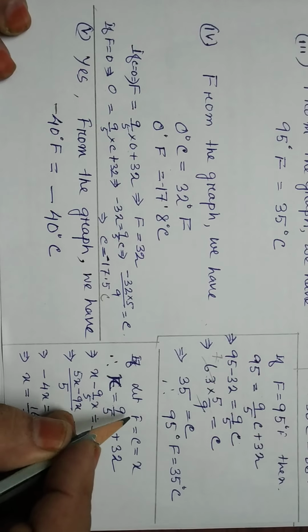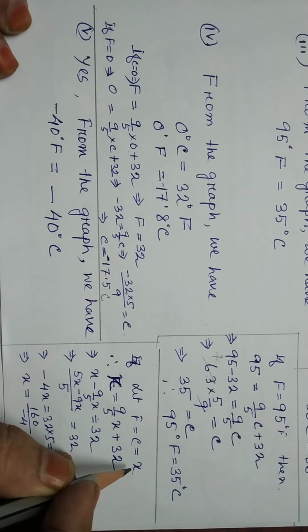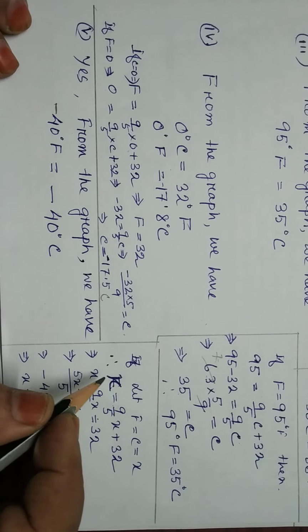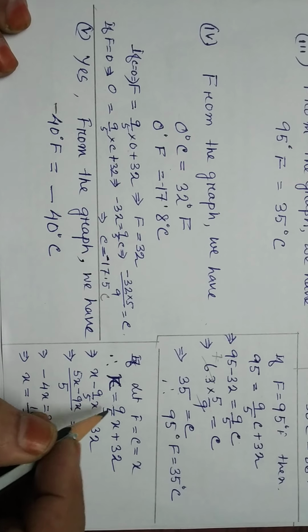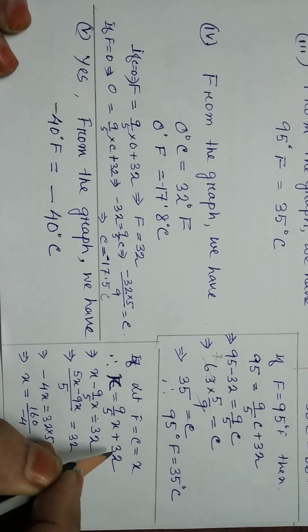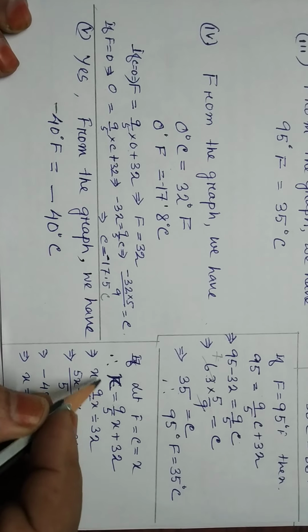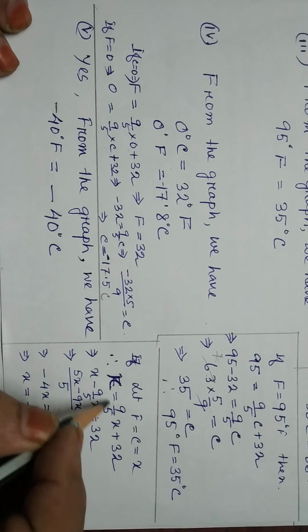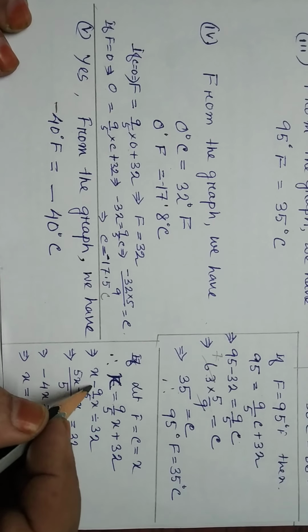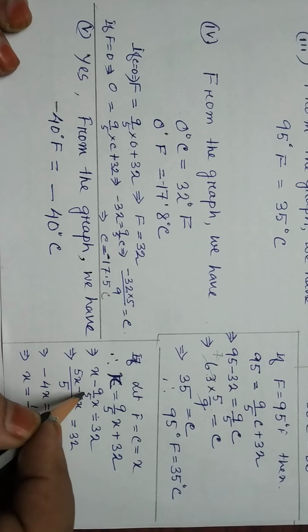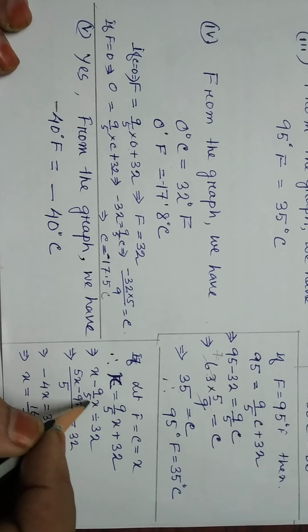Numerically, let F equal to C equal to x. Then x is equal to 9 by 5 into x plus 32. In place of F and C, we put x. Now x minus this one, bring this side, then x minus 9 by 5 x is equal to 32.